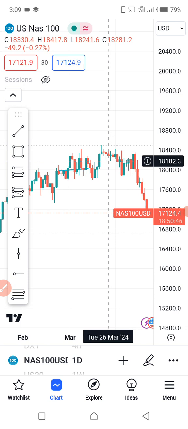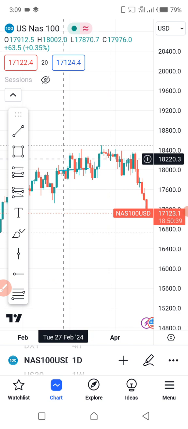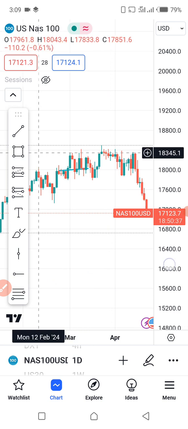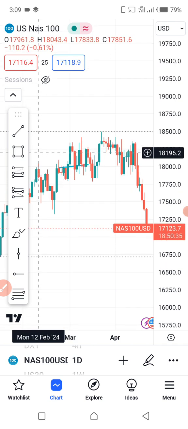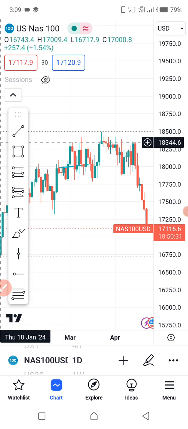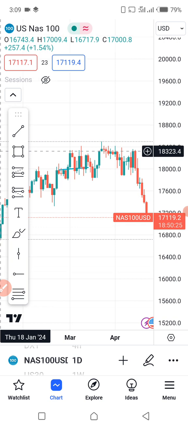Every time you open the chart and you want to analyze, you want to know what is happening in the market, where the direction of the market is facing, so that you can base your trading decision on it, whether it should be a buyer or a seller.